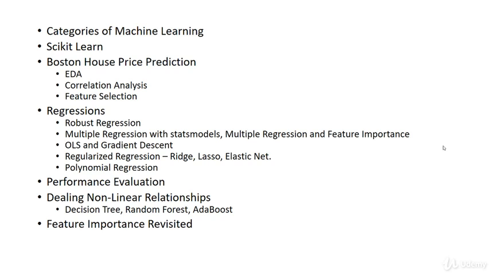Of course, we'll look at ordinary least squares and also making use of gradient descent, which is a really important optimization algorithm. And we're going to look at regularized regression on how to restrict your model so that it doesn't overfit. So this is going to cover ridge, lasso, as well as elastic net.